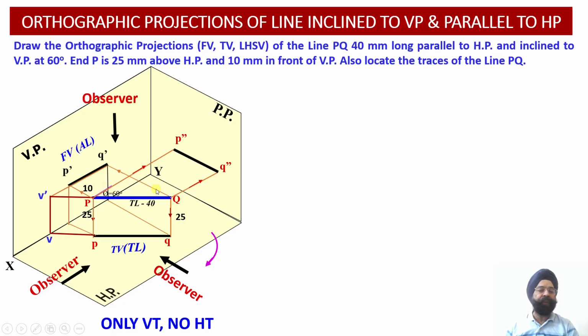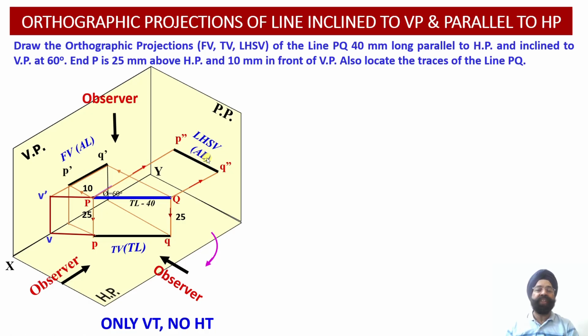So the angle of inclination of this line with respect to the profile plane is 30 degrees. Because of this inclination of line PQ with respect to the profile plane, whatever length P double dash Q double dash of this projection in the side view has been obtained will also reveal the apparent length or the foreshortened length of this particular line in the side view projections.